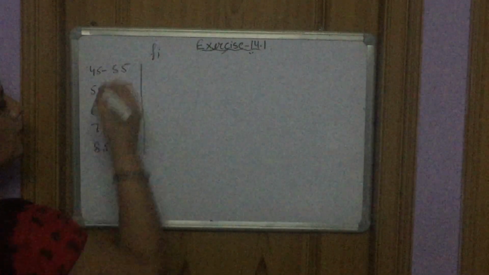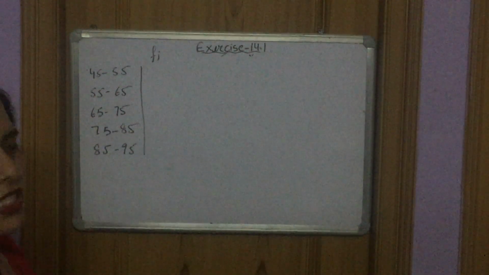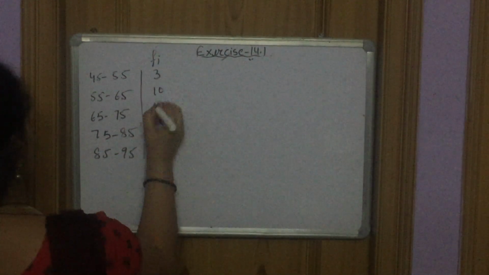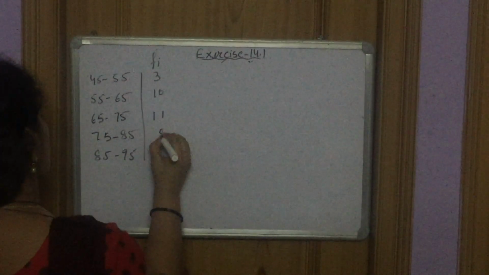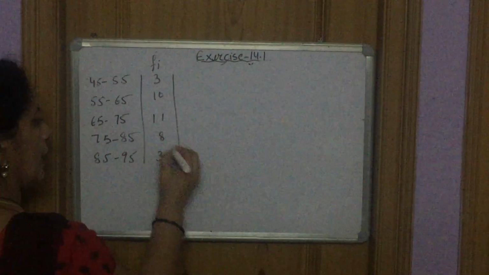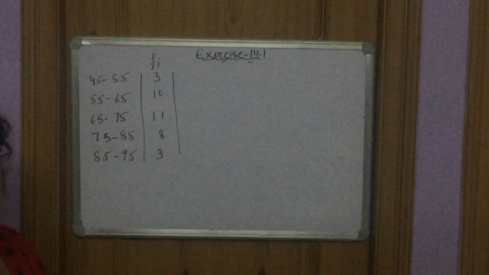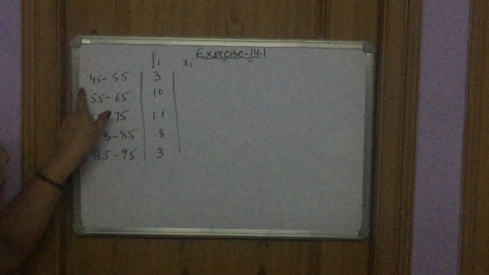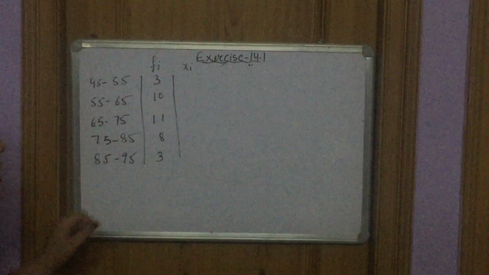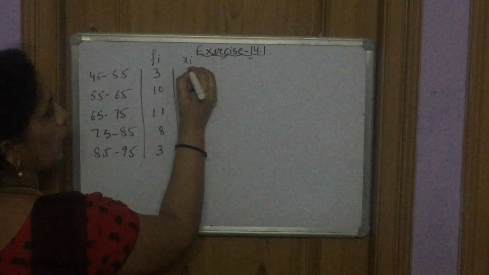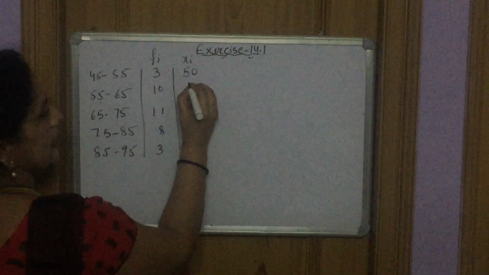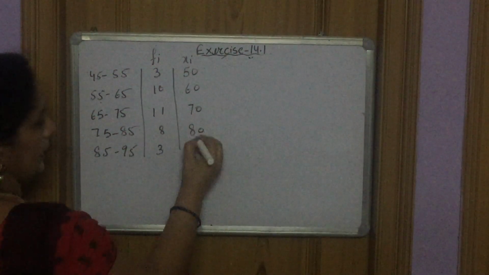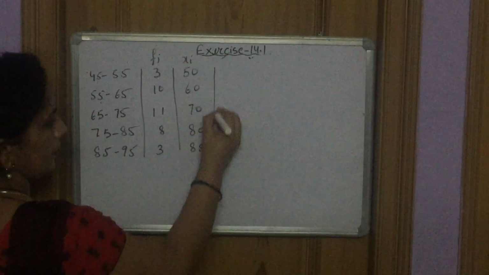Next is frequency, which is the number of cities in this interval. This is 3, 10, 11, 8 and 3. After that, we will find out class marks, that is xi, which will be the mid value of this interval. Here we can see that the mid values are 50, then 60, then 70, 80 and 90.